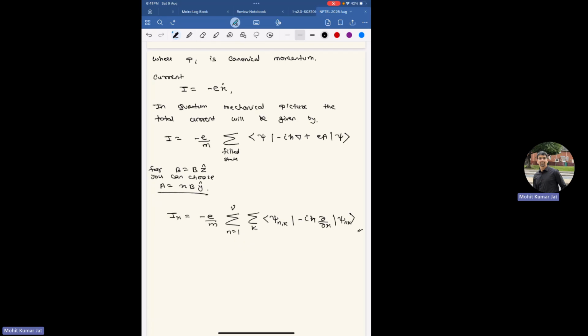And if you see it, psi nk are the wave functions of your harmonic oscillator, and if you compute the expectation value of the momentum of the harmonic oscillator, we know that it goes to 0, right? And that's why your Ix will go to 0.